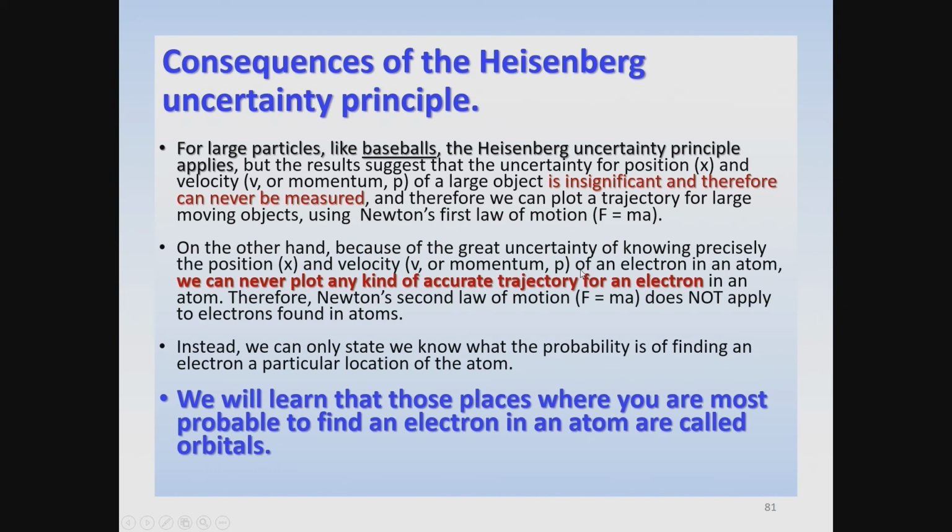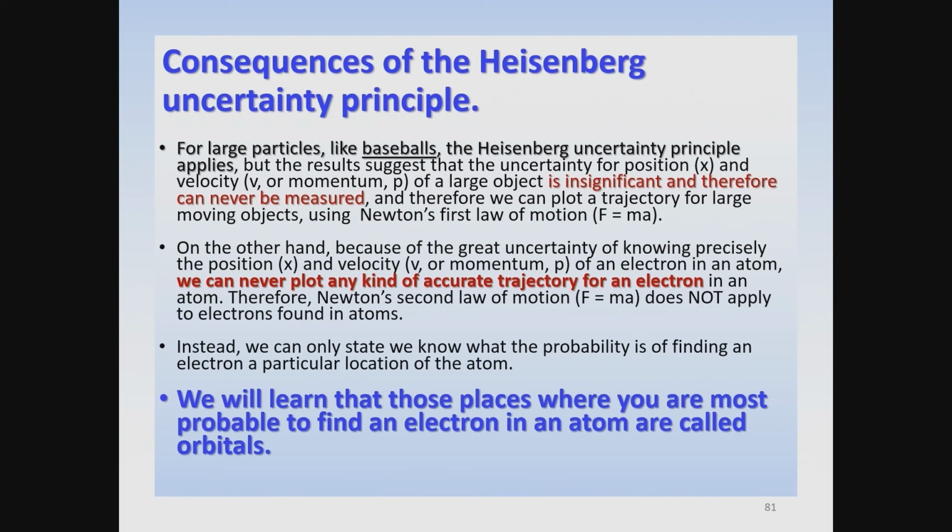Instead, all we have is some idea of approximately where the electron can be found given certain circumstances. For example, if you have an atom with a nucleus, and you go out a certain distance in space, we will know the probability of finding that electron, but we won't know for certain exactly where on that distance it will be.